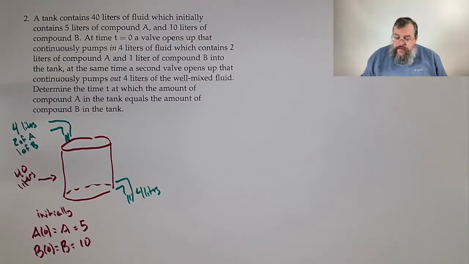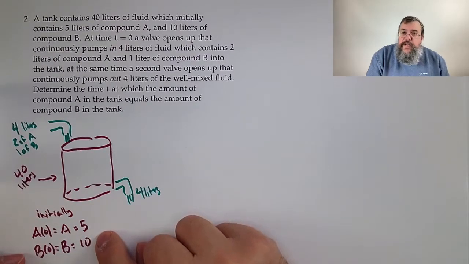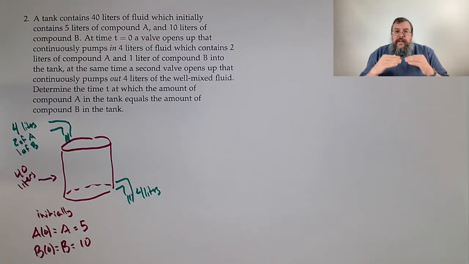All right. Well, what's happening? Initially, there's less of A and more of B, because A only has 5, B has 10. So initially A is a smaller amount.